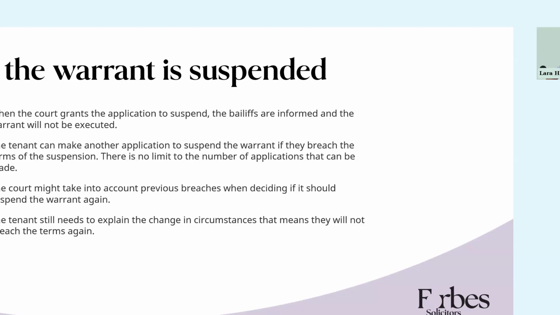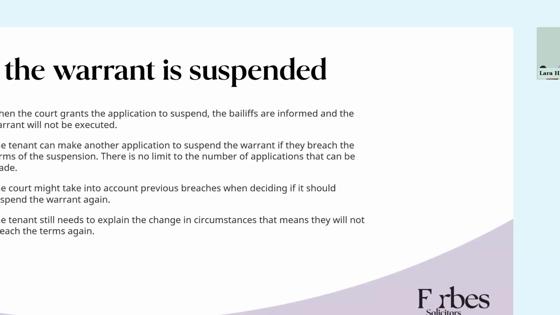So when the court grants the application to suspend the warrant, the bailiffs will be informed and the warrant will not be executed. If the warrant is due to be executed, the tenant should contact the bailiff's office to let them know it's been suspended. However, the tenant can make another application to suspend the warrant if they breach the terms of the suspension.